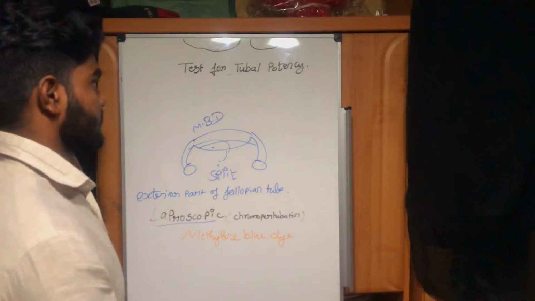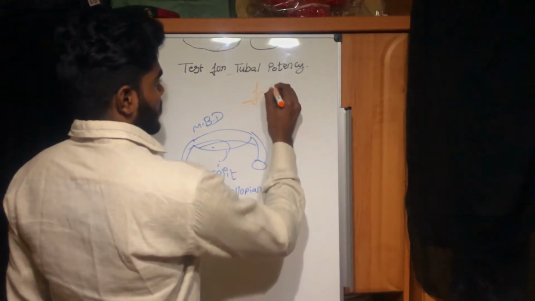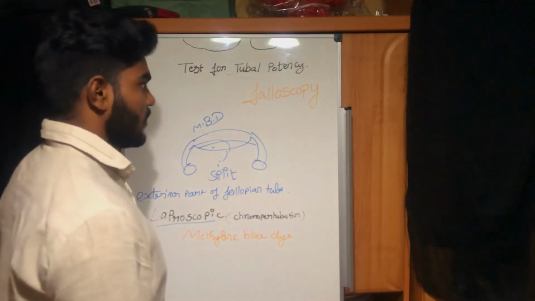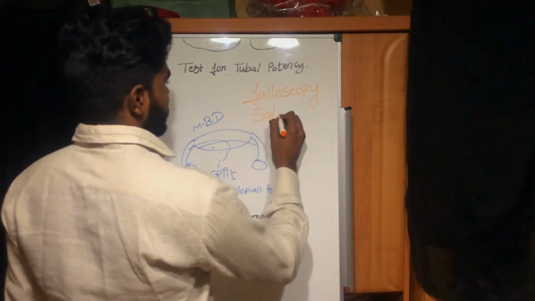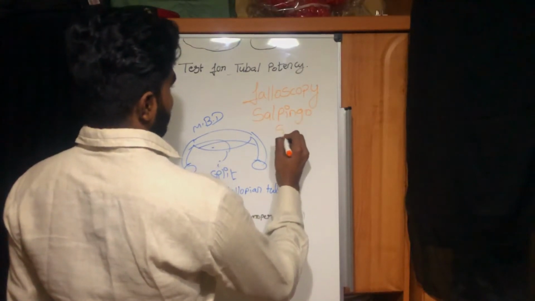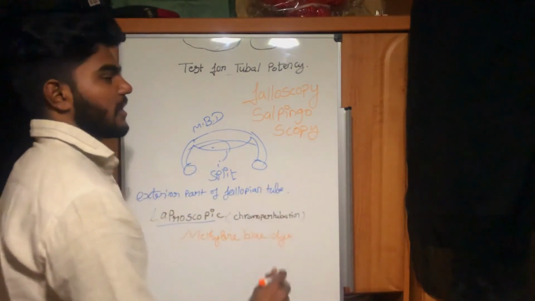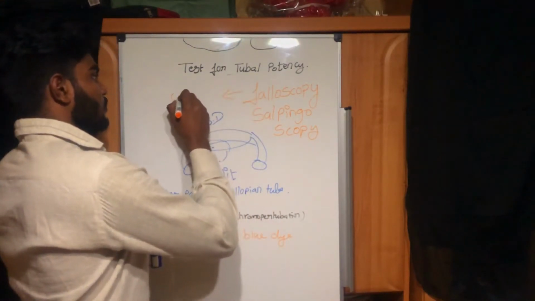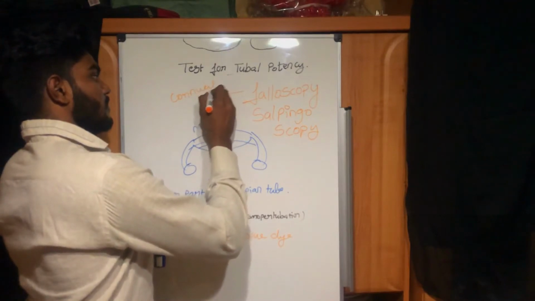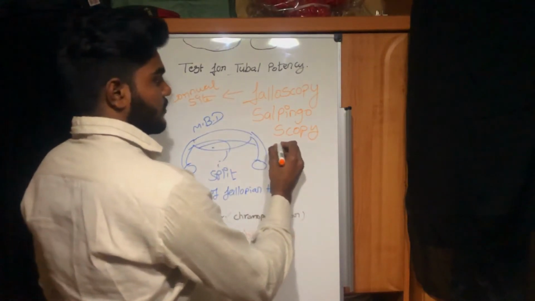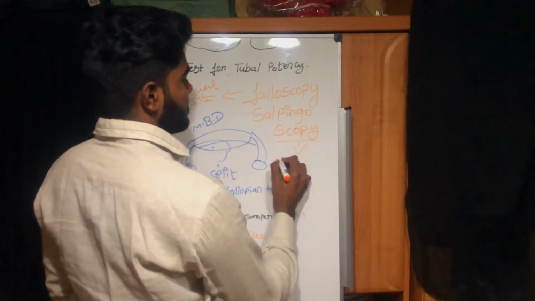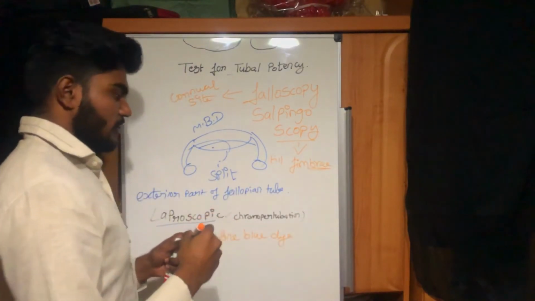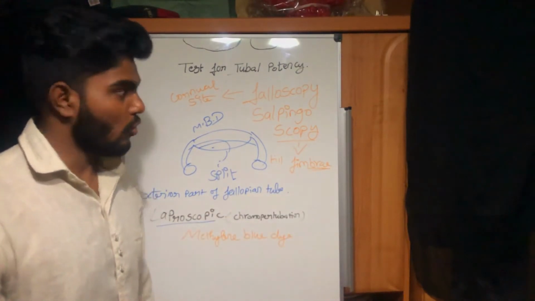And the next thing is falloscopy and salpingoscopy. With falloscopy we can see the cornual site, and salpingoscopy helps to see till the fimbriae part. Fimbriae are present near the ovary.